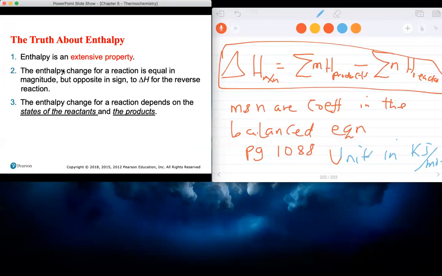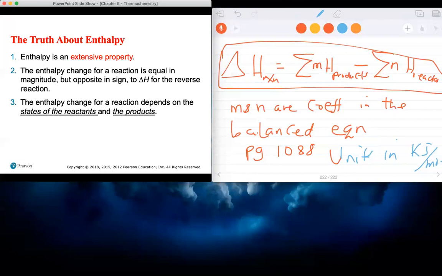There are 3 points you need to remember about enthalpy of reaction. One, it is an extensive property. Remember, extensive property means a property which depends on the amount present. Volume, for example, is an extensive property.